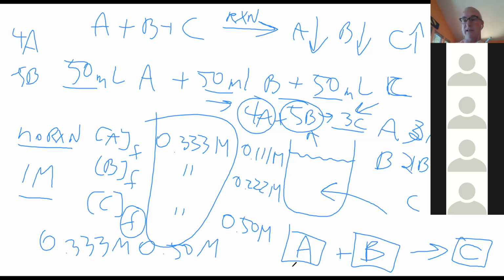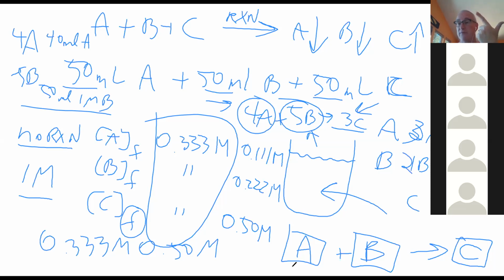They're the same concentration. So if I added 40 mils of 1 molar A and 50 mils of 1 molar B, I'd have no A and no B left over. They'd both be completely consumed. If I added any other ratio, there'd either be A left over or B left over.